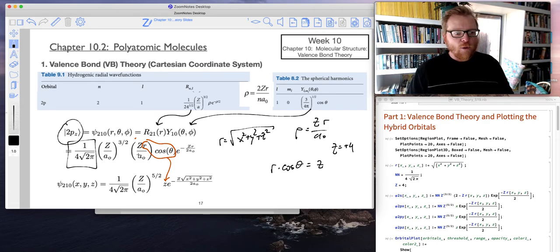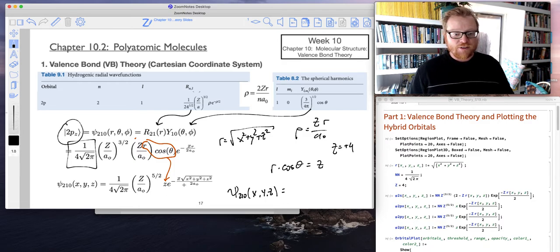And then now, look, I've got a Z over a to the 3/2, and then the Z over a combines with this to make Z over a to the 5/2. But now what we can do with this thing is we can call all of this psi 2,1,0 as a function of x, y, and z.